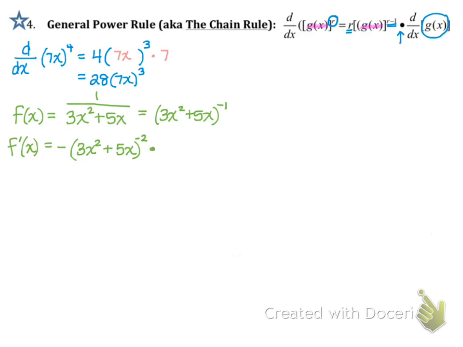Now we're going to multiply by the derivative of the inside. And here, we're also going to apply the sum rule because we just take the derivative of both parts. So we get 6x plus 5. And that is our final answer.